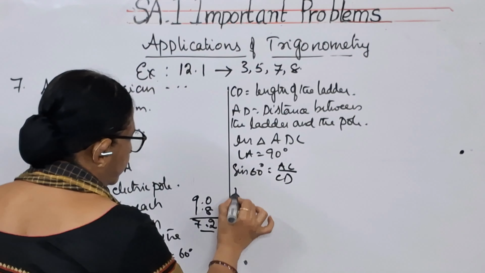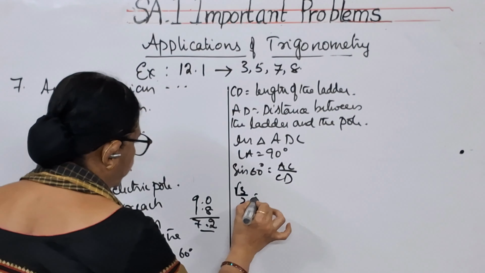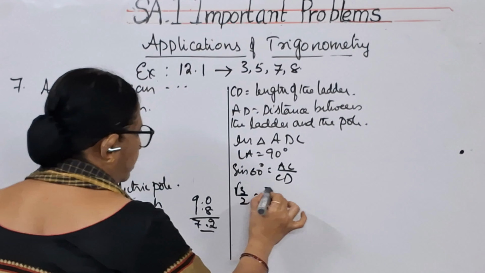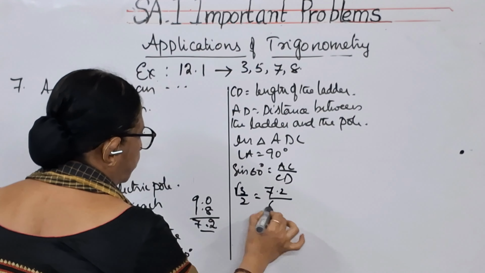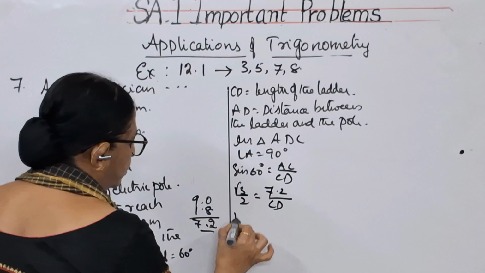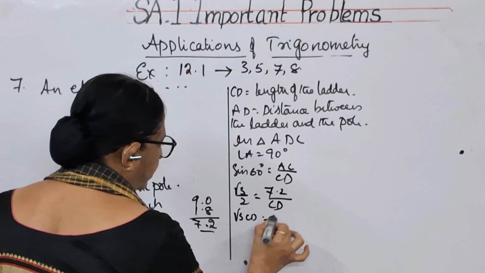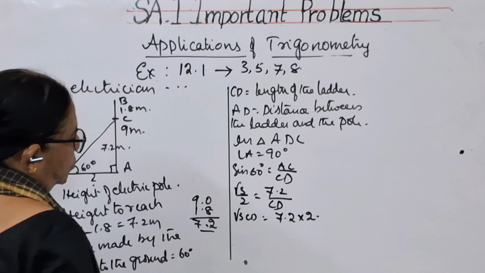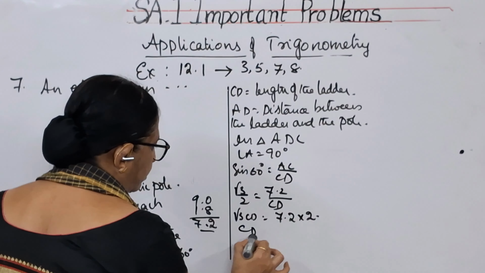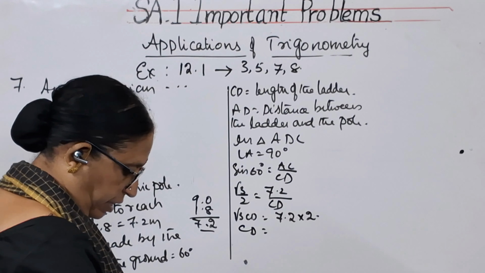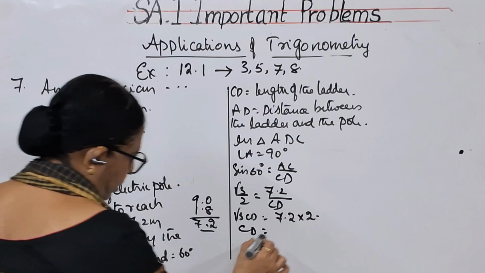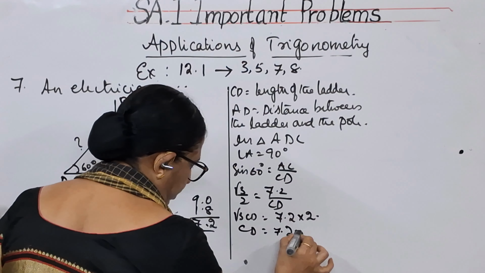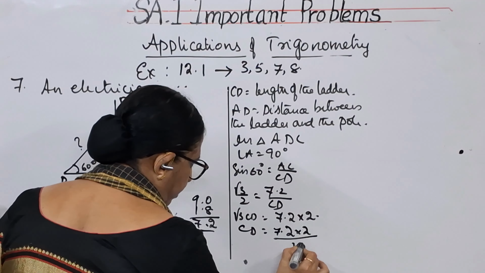It is root 3 by 2 is equal to AC, which is 7.2, by CD. That means root 3 CD is equal to 7.2 into 2. So, what is CD? CD is 7.2 into 2 by root 3.